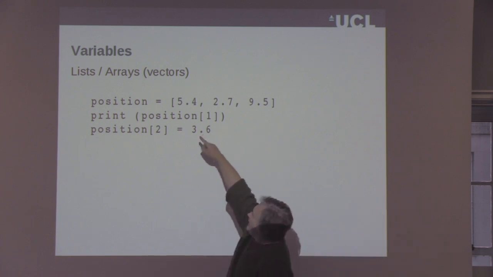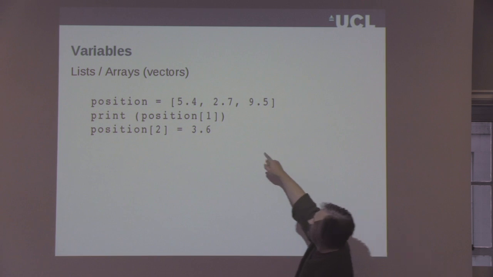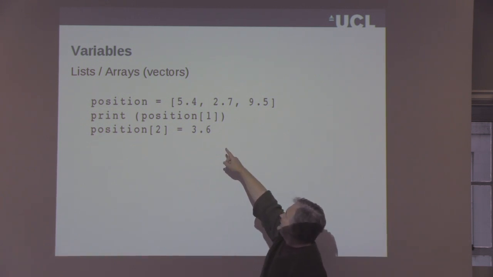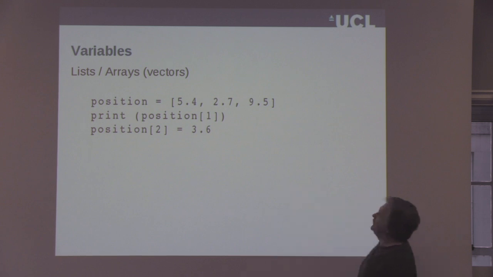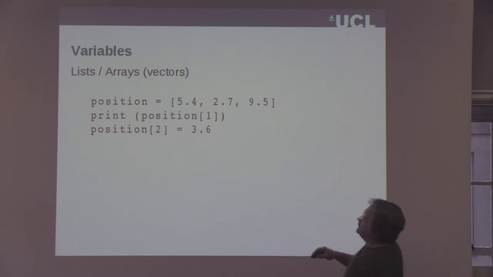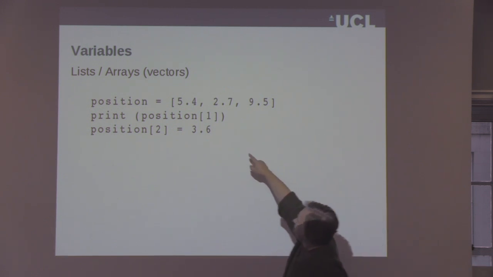So in Python we specify that with square brackets, and here we've said position, that's the name of our variable, equals 5.4, 2.7, 9.5. So we can print that whole list, but we can also print bits within it.